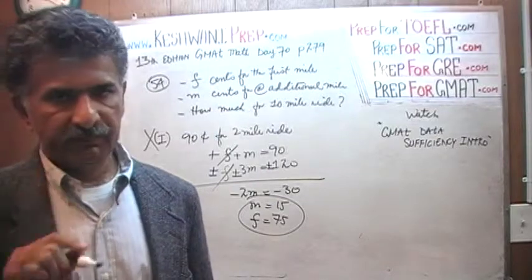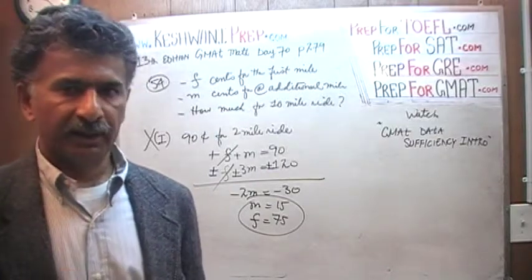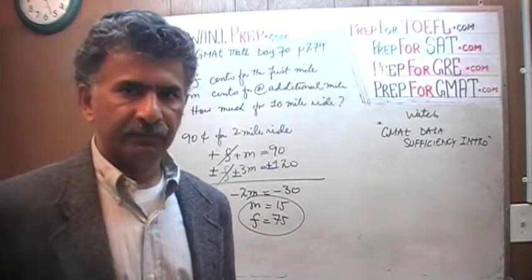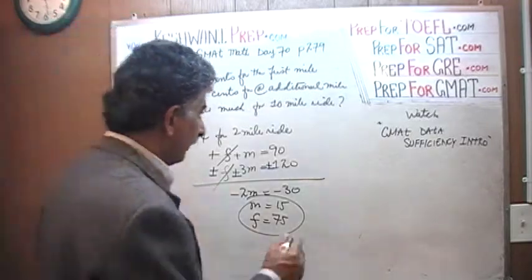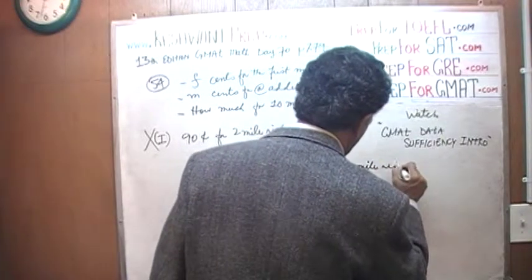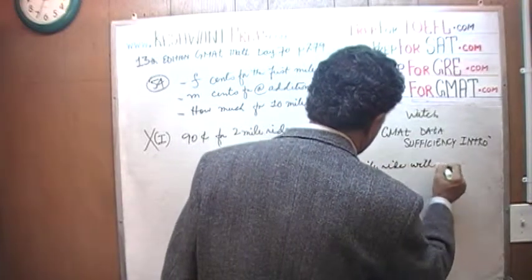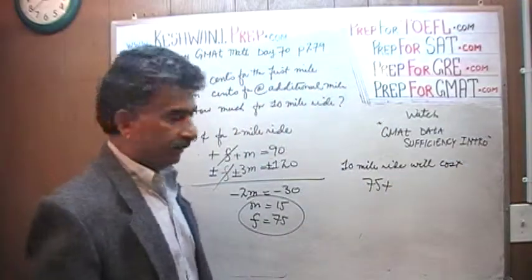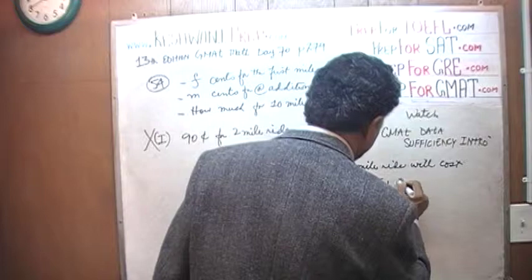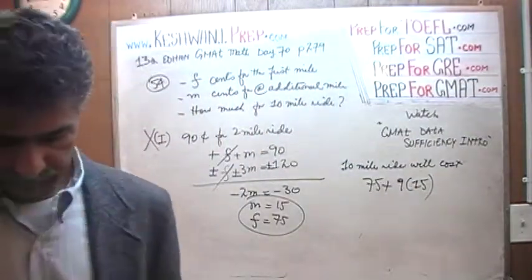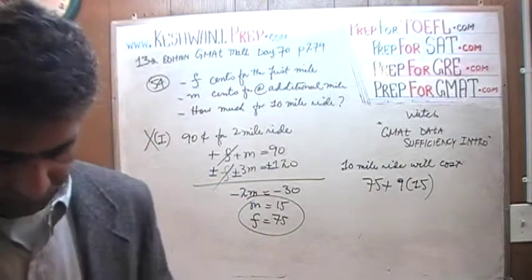The first mile is 75 cents just to get in the cab, and after that each additional mile racks up another 15 cents. So a 10-mile ride will cost 75 cents for the first mile, and then 9 times 15 for each additional mile. But of course they're not asking us for that. That's it, we're done with it.